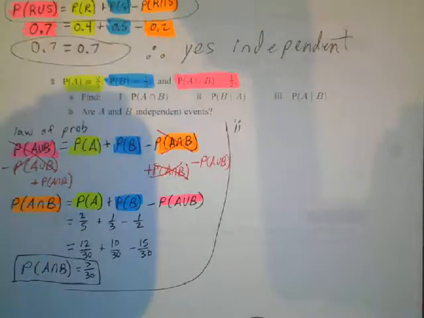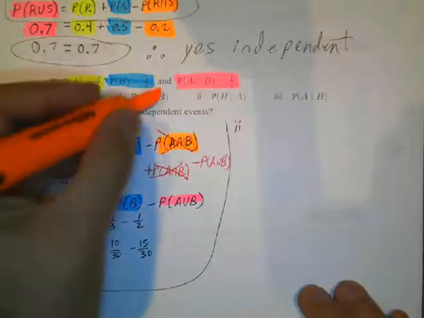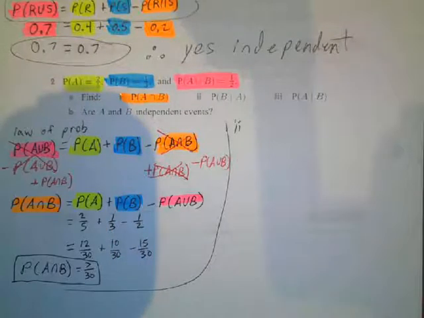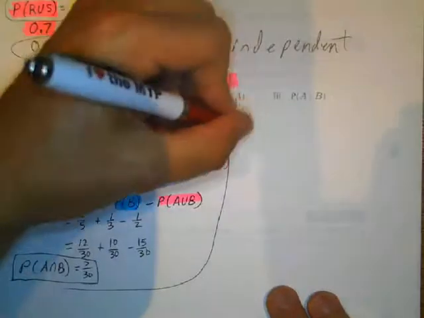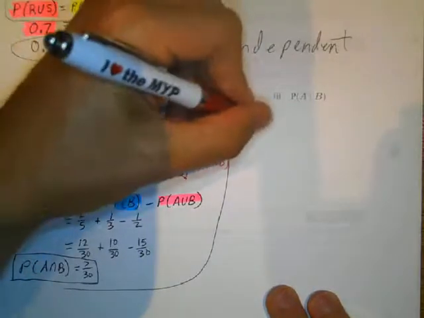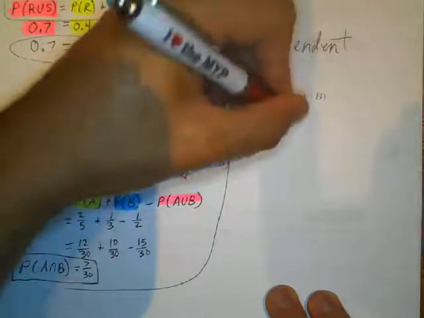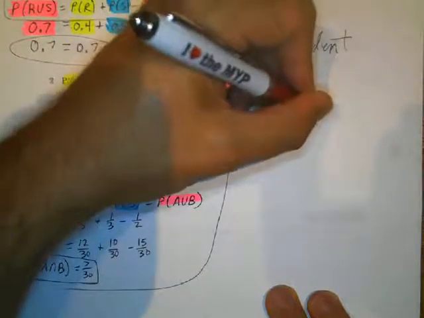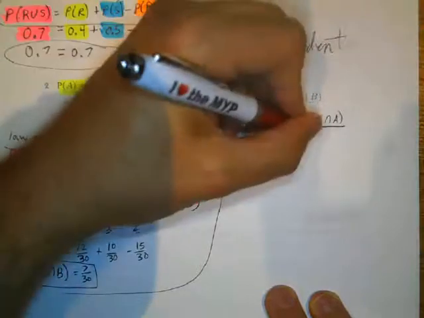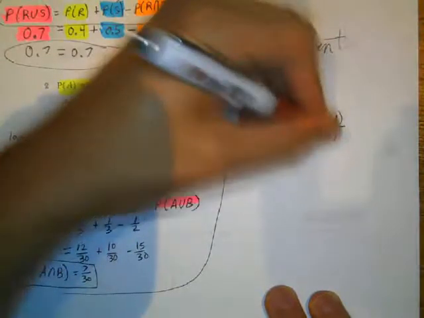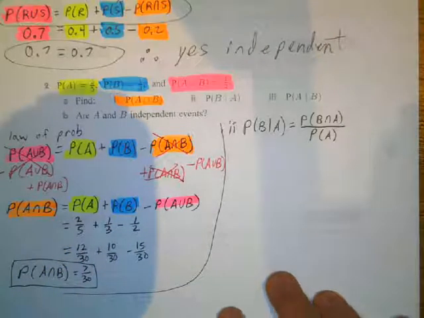Okay, so we just solved for A intersection B. Okay, now II says the probability of B given A. Well, the probability of B given A is equal to the probability of B intersection A divided by the probability of A. Well, we have all this information, don't we?